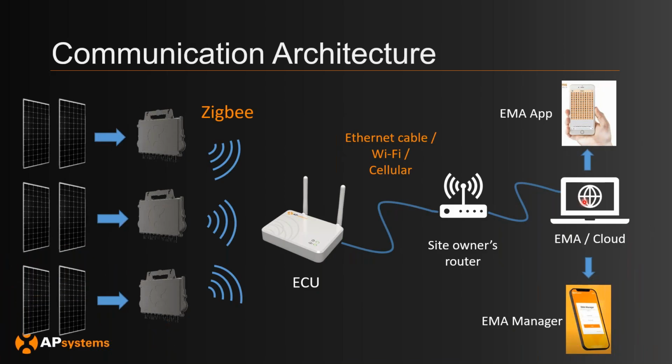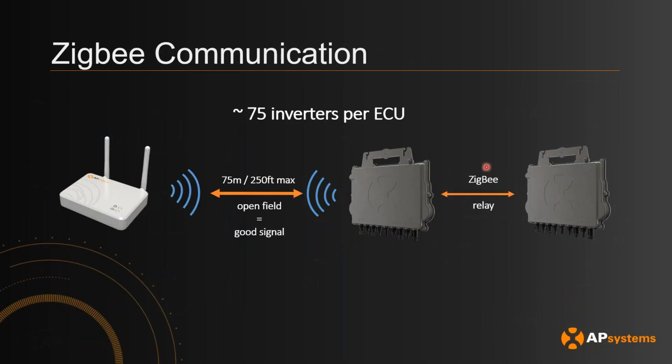So the ECU talks to the micros via Zigbee. And Zigbee is the wireless communication that the microinverters will be talking to the ECU with. To talk a little bit more, it looks like this. The rule of thumb that we usually give for Zigbee is that first of all, it's a mesh network.